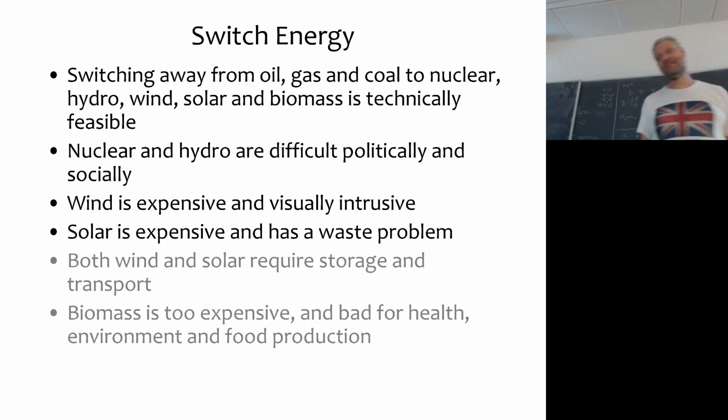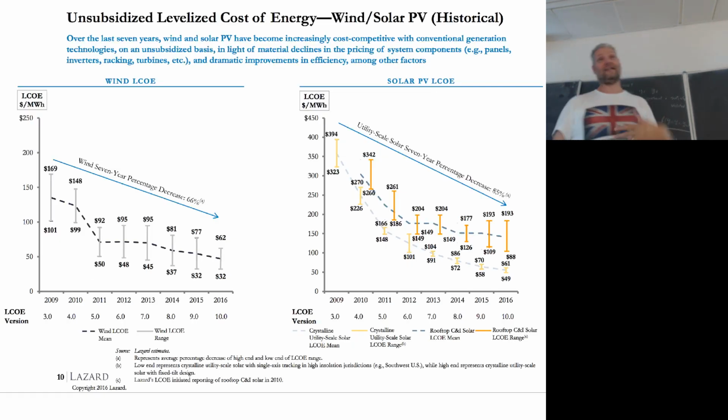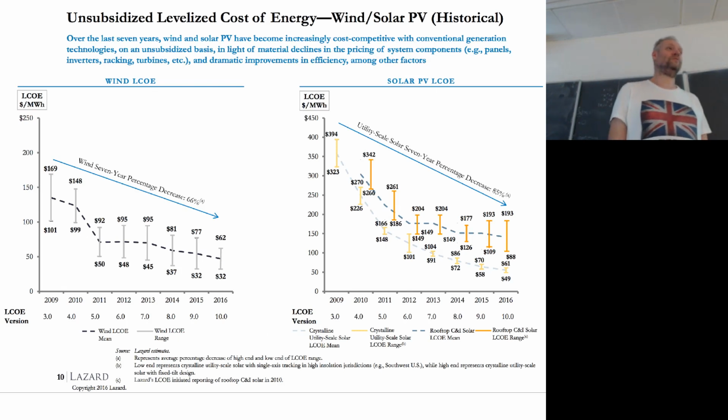Now, the next two things show that this class is old, right? So what people have been going for are wind and solar, and yeah, it says here that wind and solar are expensive. They used to be expensive. At the moment, they are getting close to grid parity.